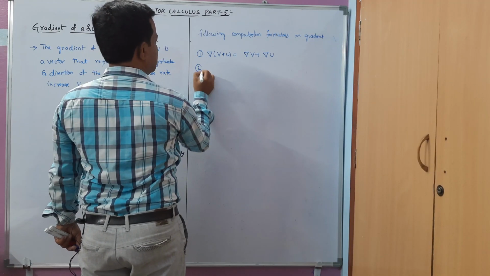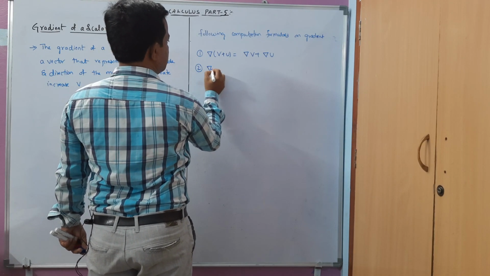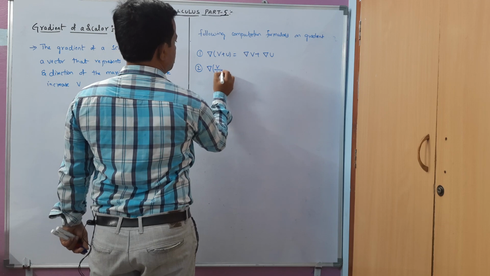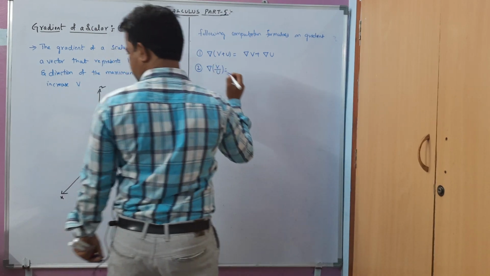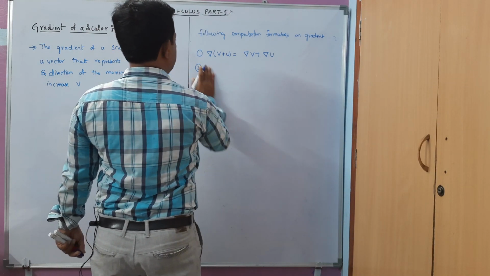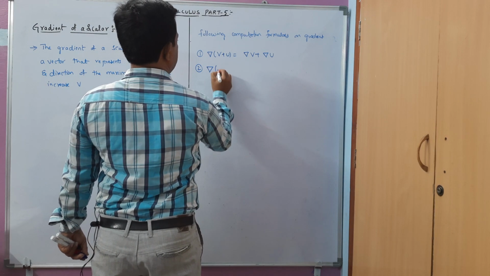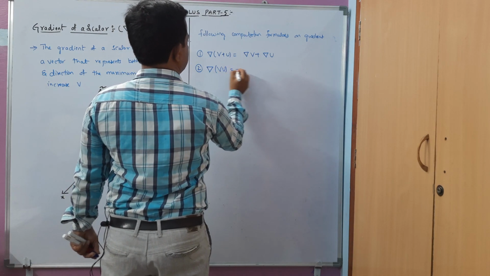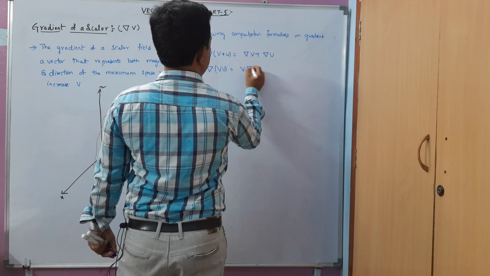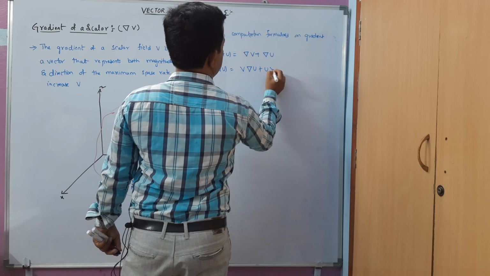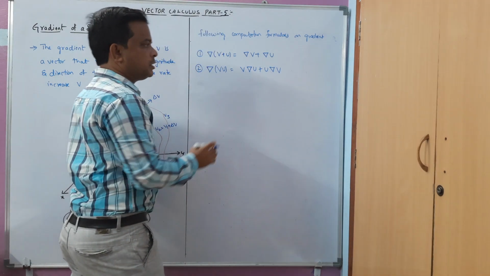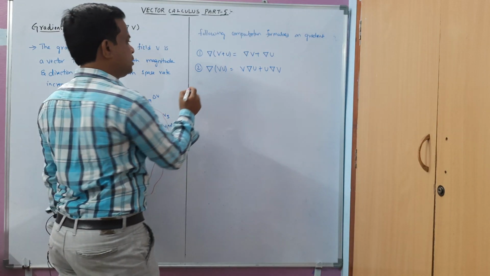Similarly, for the product, del of vu is v del u plus u del v. This is another formula similar to the differentiation formulas.